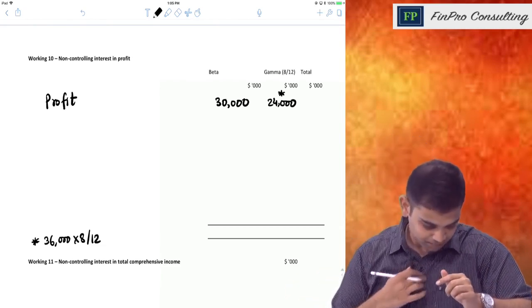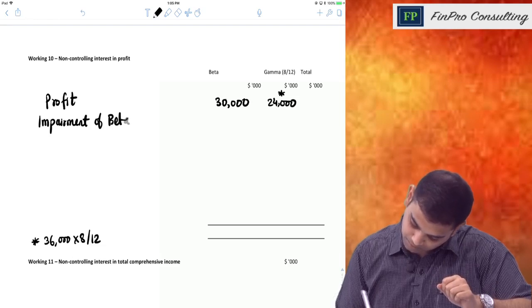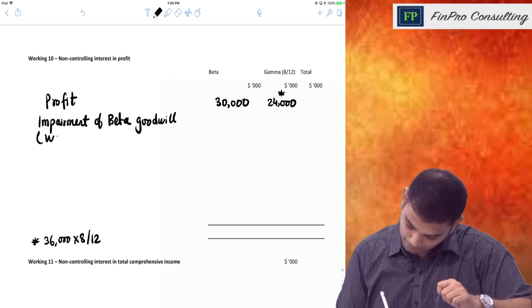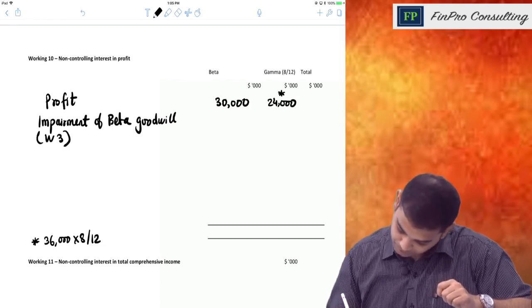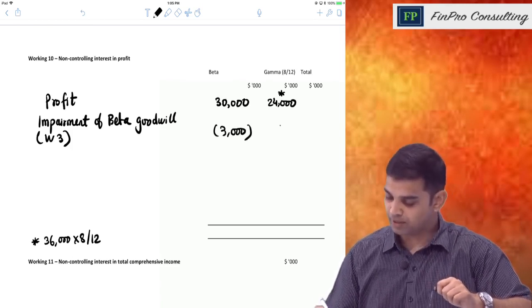So next item, impairment of beta goodwill, coming from working note number 3. So that will be 3,000 reduced from the profit. There is no impairment in goodwill of gamma.